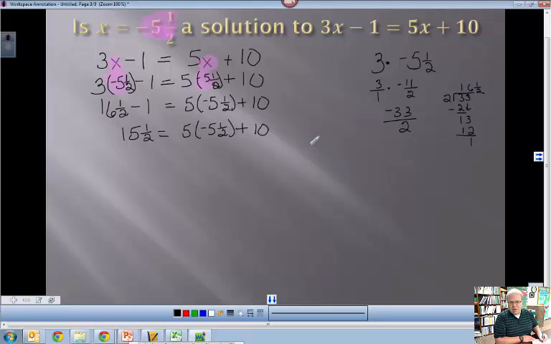So now I'm going to take this improper. So I have 5. Well, I'm going to bring this over here. I'm going to have 5 times negative 5 and 1/2. Wait, this is supposed to be a negative.